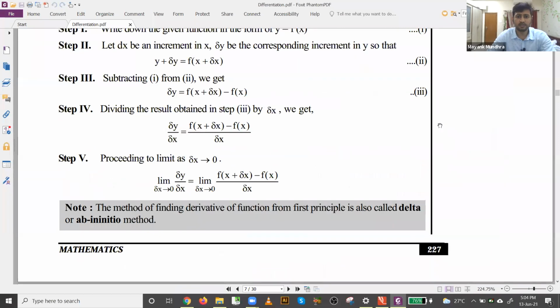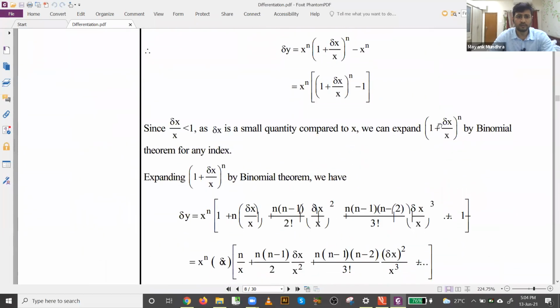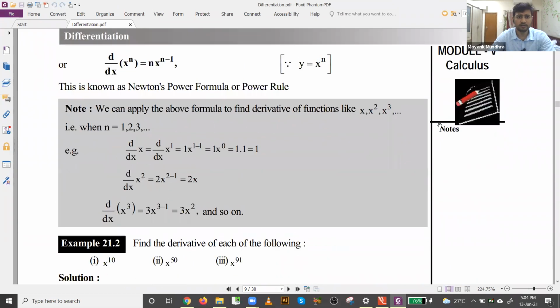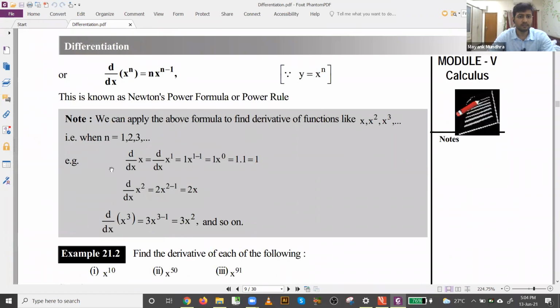Okay, so just scroll down to the problems bit and, yeah, d by dx of x. So d by dx is just differentiation. They have some good examples like differentiation of x. So you can write this as x to power 1.